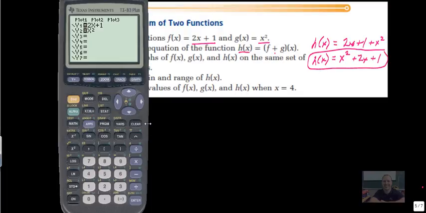Let's go down there, and we'll do x squared plus 2x plus 1. And we'll graph that as well. And it kind of looks like this. Now, just by looking at that, you might not be able to say, hey, that's right. But if we take a look at y values and we add them, then maybe we're in better shape. So look at this right here.